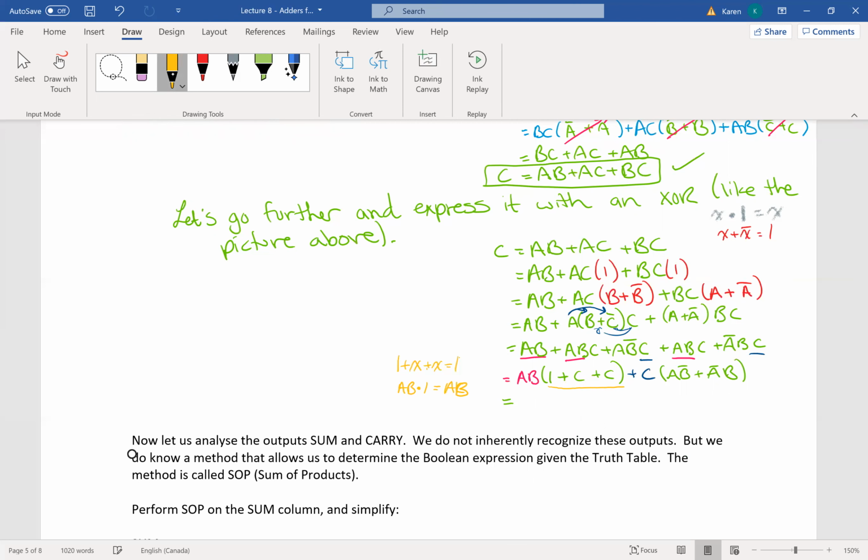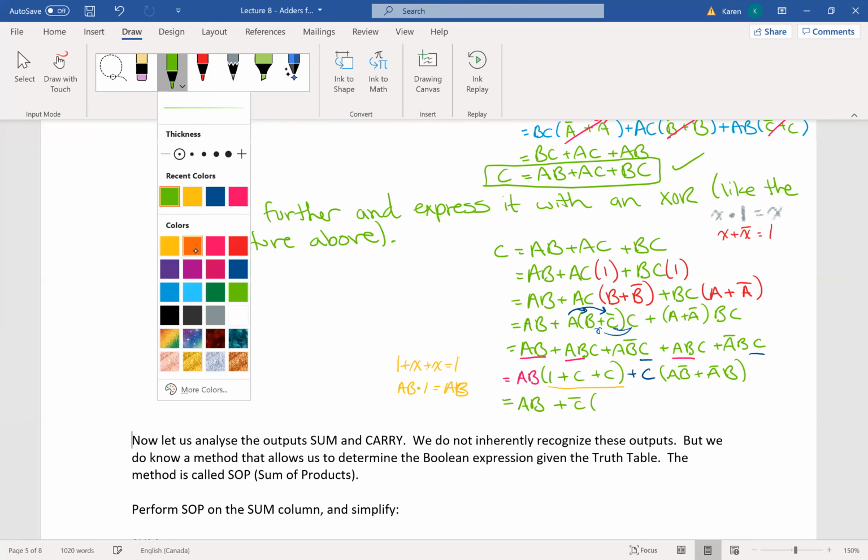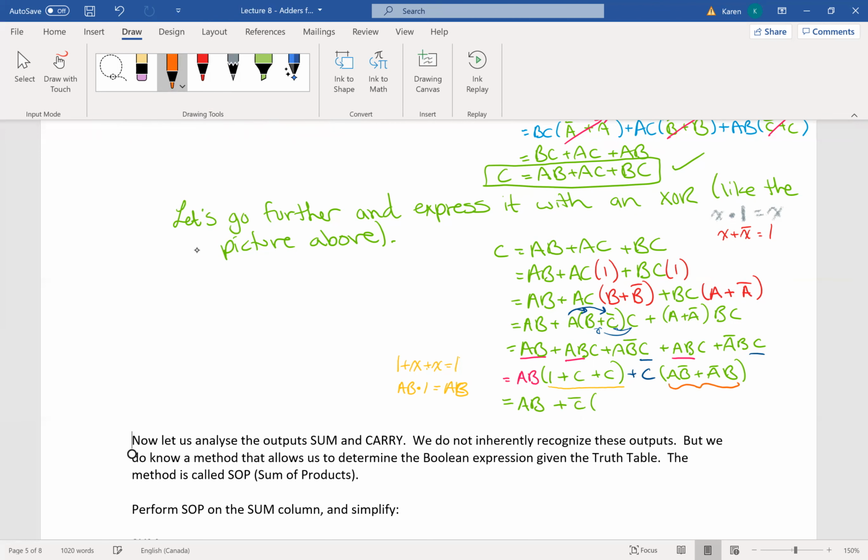So therefore, this next line simplified is just AB plus now C bar times a pattern. What is this pattern? Apples not prime, apples prime, orange is prime, orange is not prime. This is exclusive OR. This is A exclusive OR B.